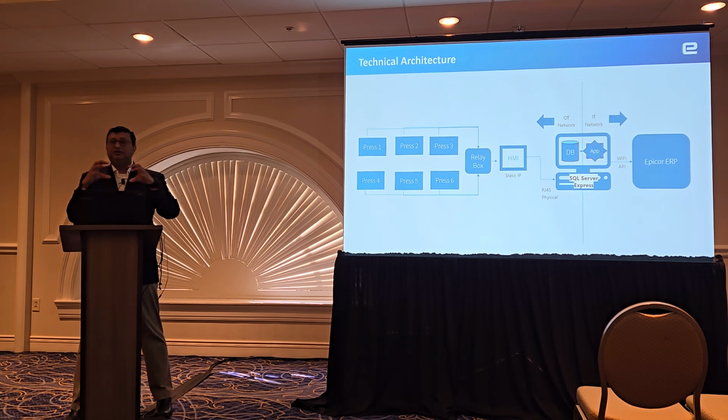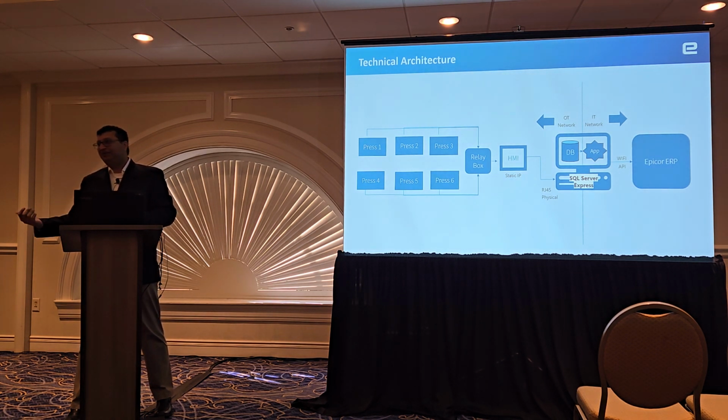And in this box you have something called SQL Server Desktop Edition, which is a very small and free Microsoft SQL Server database, and you're running Windows on it, and we are running our Epicor client on this. So this is where you're running both a small database and our bridge application that talks to Epicor, right? That, at a high level, is the network architecture.